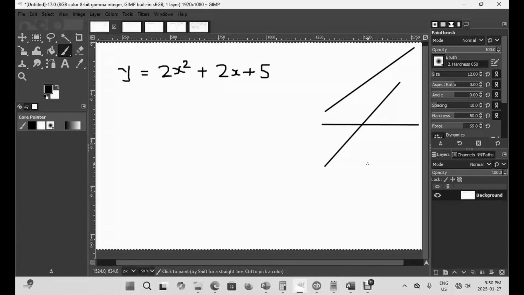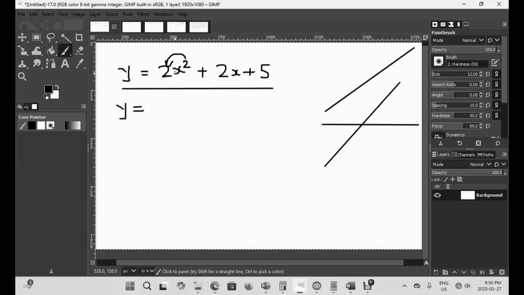You can use the derivative of an equation to find a certain slope, for example. Let's say this is your equation, y equals 2x squared plus 2x plus 5. If you want to find the derivative of this equation, all you need to do is multiply the exponent by the coefficient in front of the base.